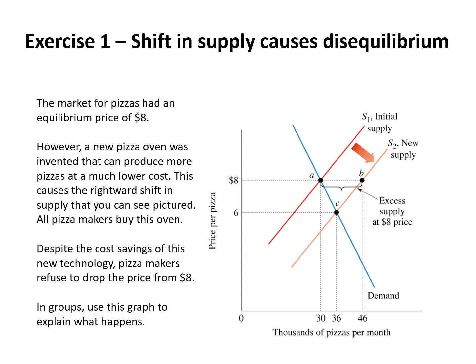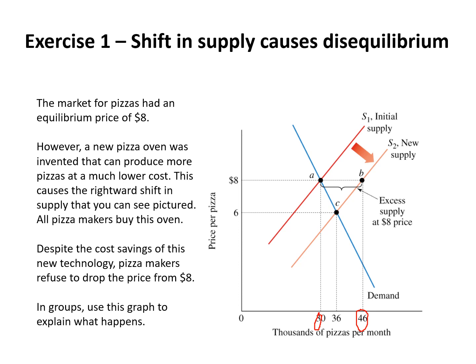So what will happen over here? We will end up with more supply and less demand. At the price of 8, there will be 46 units supplied and only 30 units of pizza demanded.